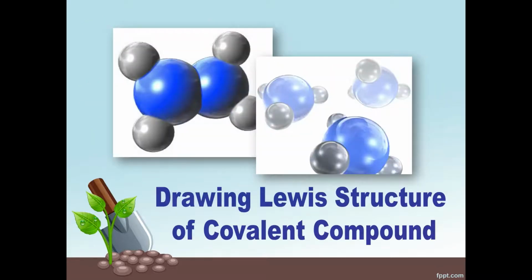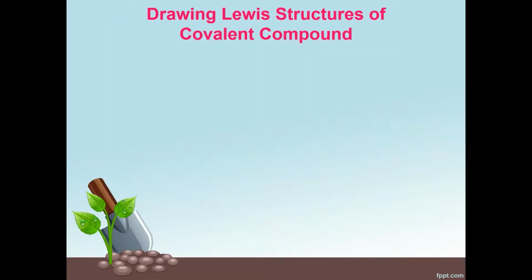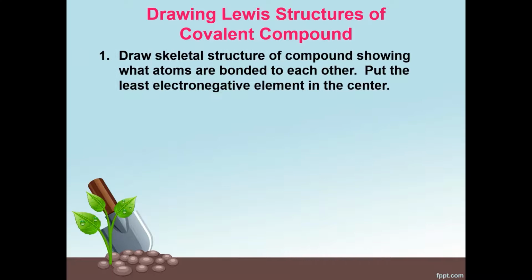Now let's learn how to draw the Lewis structure of a covalent compound step by step. First step is you need to draw the skeletal structure of the compound. Put the most electropositive element in the center.